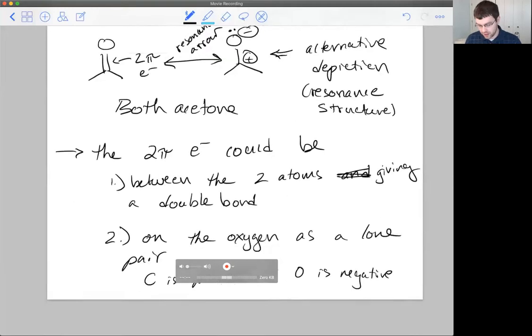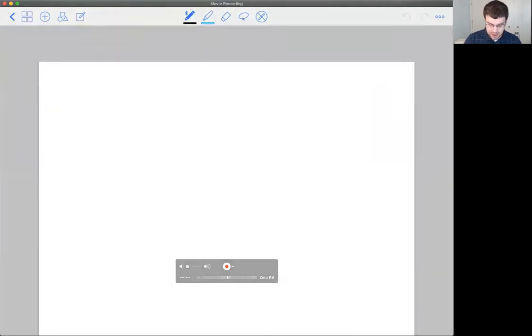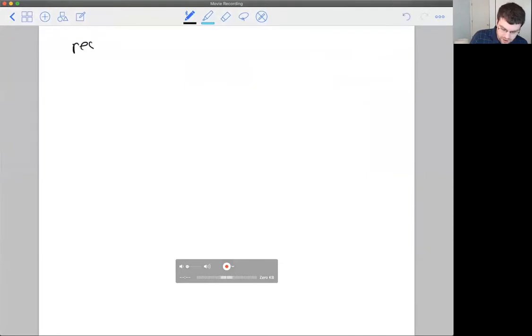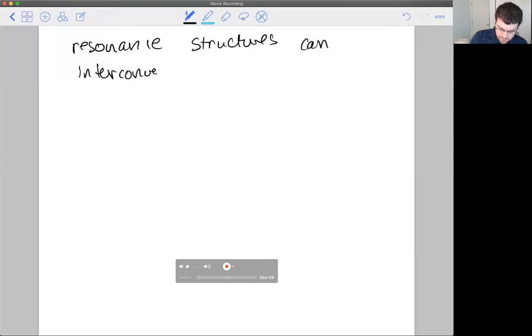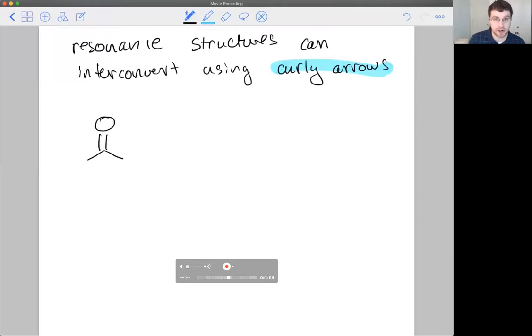The last thing I'll say about resonance structures is that resonance structures can interconvert using curly arrows. So our curly arrows, these are the things that allow us to see how electrons move during the course of chemical reactions.